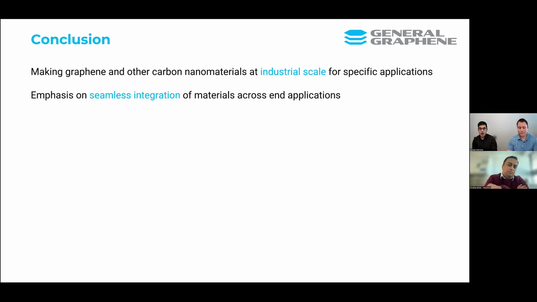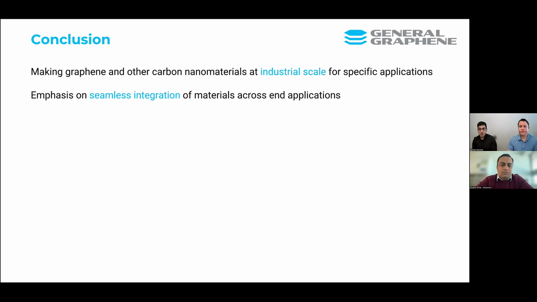What our emphasis has evolved towards in the last year and a half is how we seamlessly integrate what we make across end applications. It's through partnerships like the one we share with Sri at Hememics that we've had the closer collaboration model with our customers, and that's when we've seen the best chances of success for a partnership.